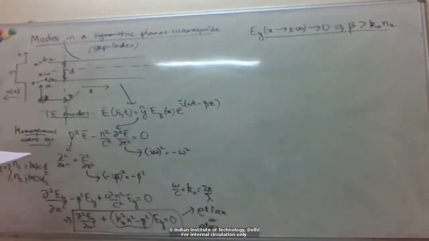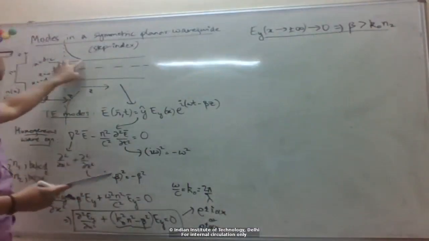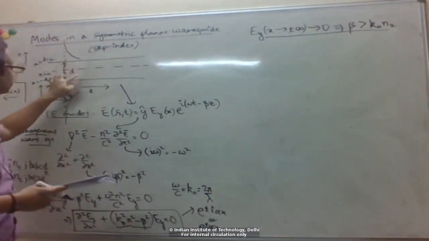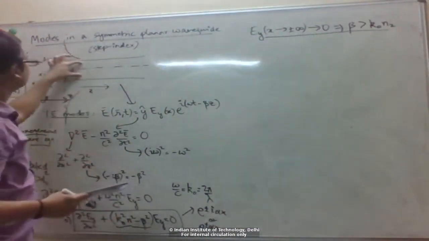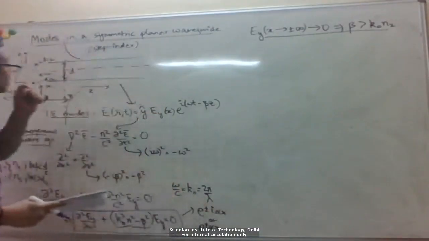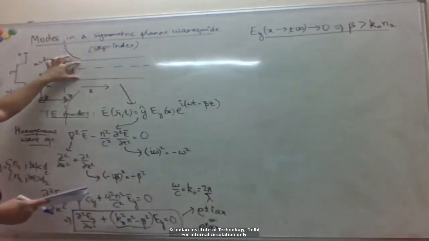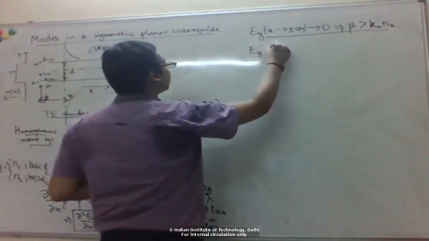Okay, and then we need to satisfy boundary conditions here at the interface, right? So in the core region, we'll have these kind of solutions, okay? And that comes about because of the boundary conditions. So what are the boundary conditions? Ey and Hz.